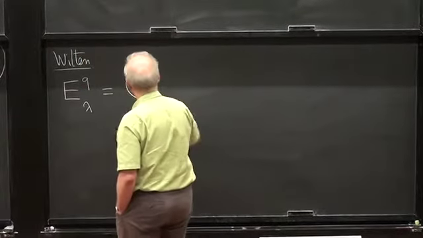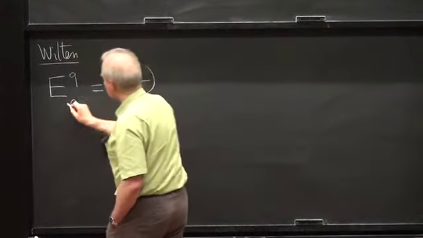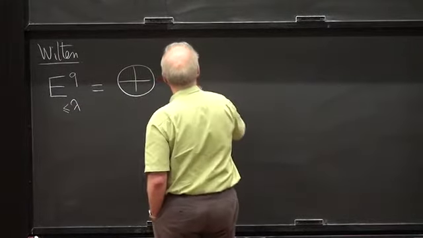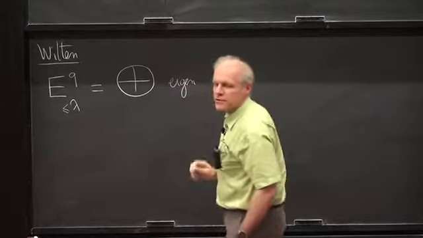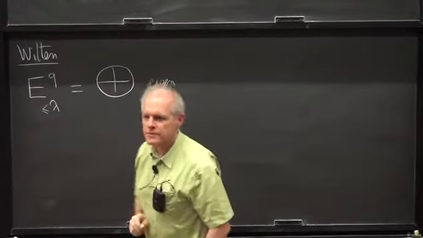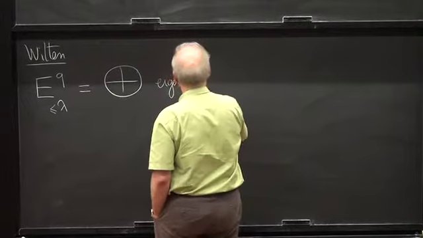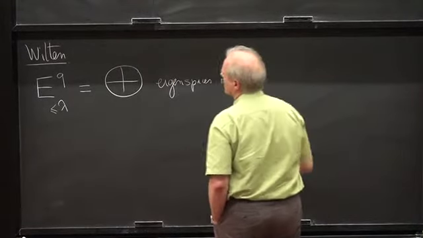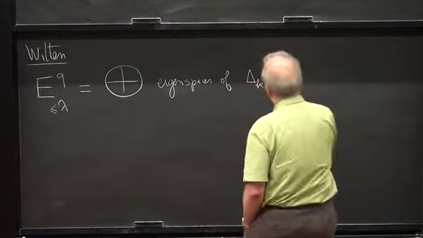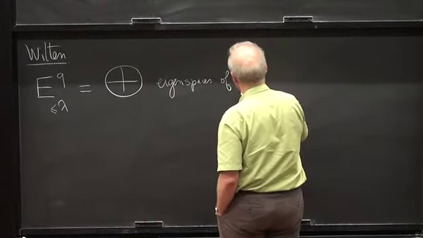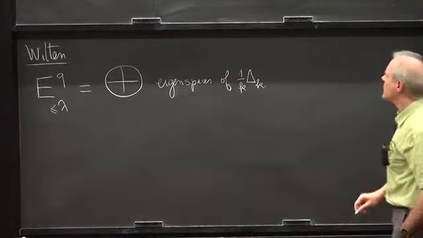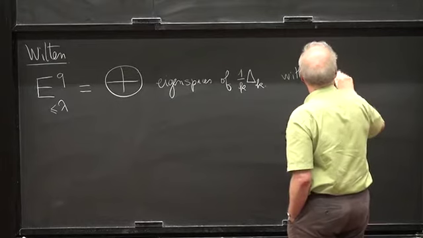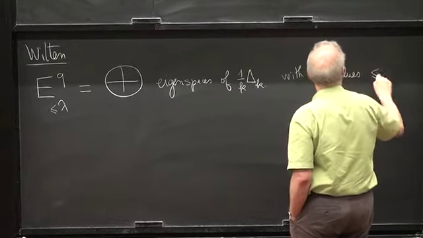This is the sum, or maybe at most lambda, this is the sum of eigenspaces. It's an elliptic operator, so the eigenspaces are finite dimensional. So you look at the sum of eigenspaces of this Laplace operator, but you renormalize for some reason by 1 over k. I will explain later. With eigenvalues at most lambda.